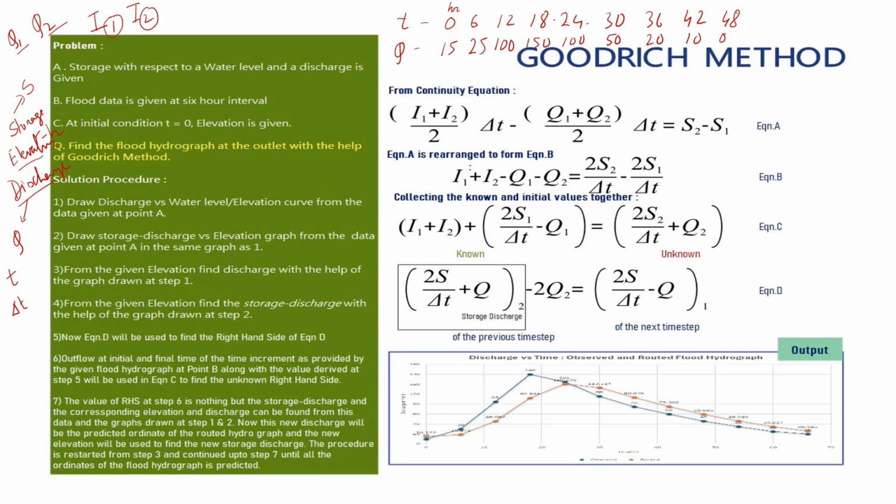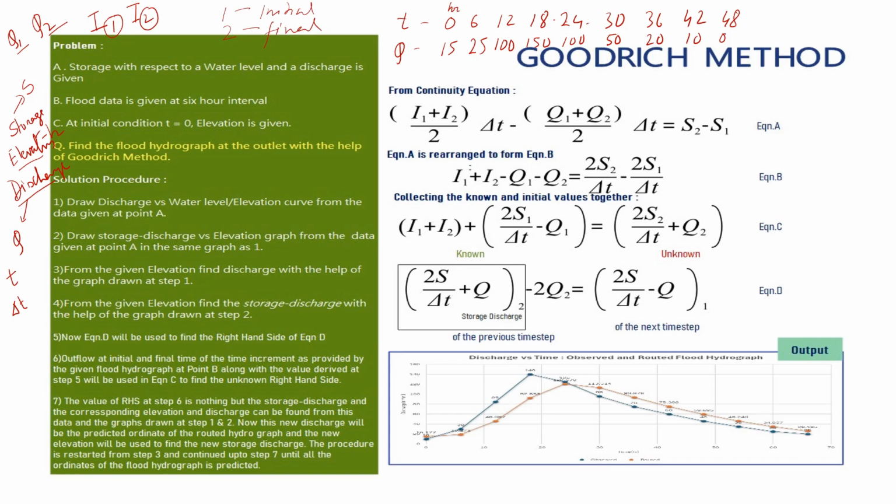Now if I consider 0 to 6 as the time period, then 0 will be the first, that is 1, and 6 will be the second, that means 2. So always remember this, in case of flood routing, 1 in subscript means initial time, 2 in subscript means final time.